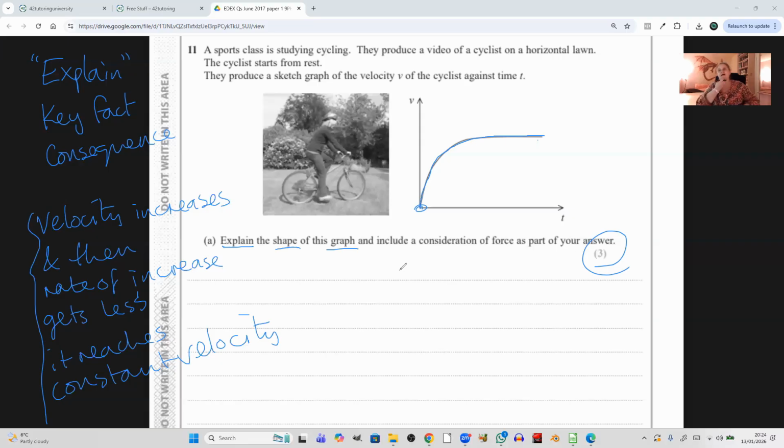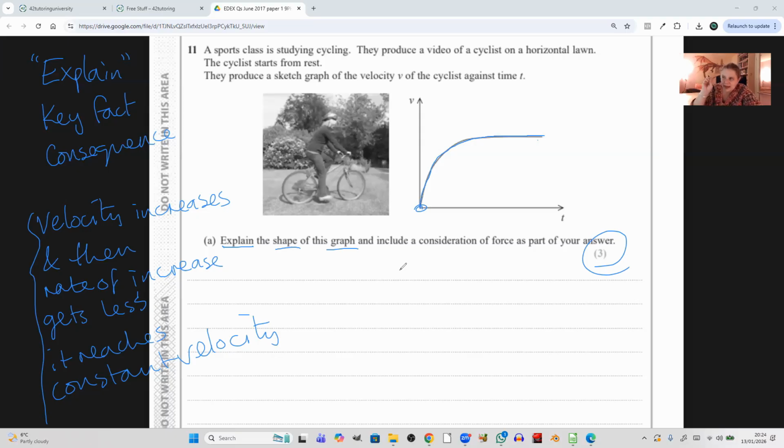Now, Ian has said the rate of acceleration decreases. I'm going to be really mean, Ian. Acceleration is already a rate. It's the rate of change of velocity. The rate of acceleration is actually called the jerk.